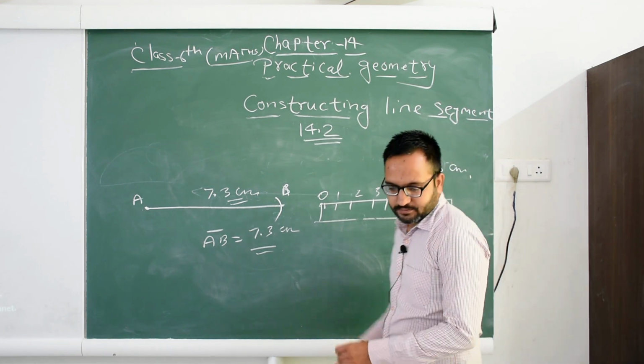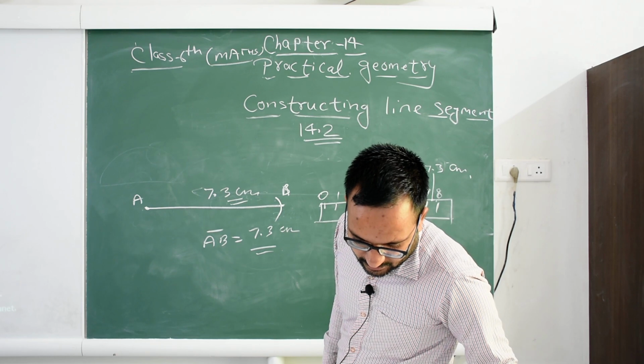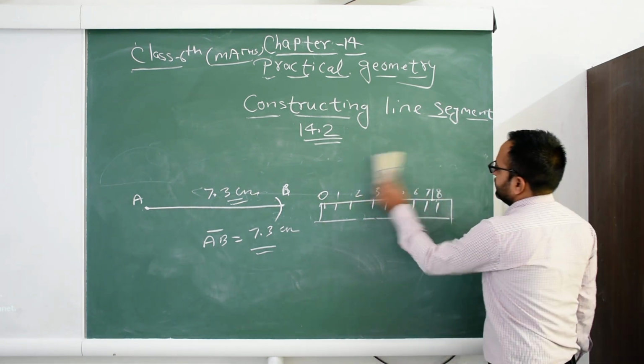Now construct a line segment of 5.6 centimeter using ruler and compass. Same procedure.